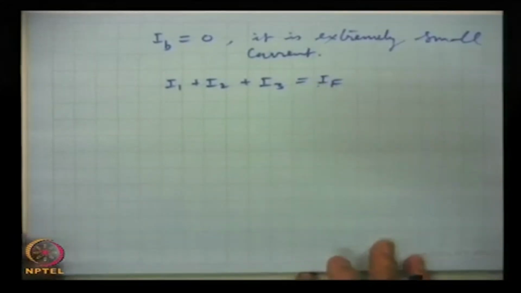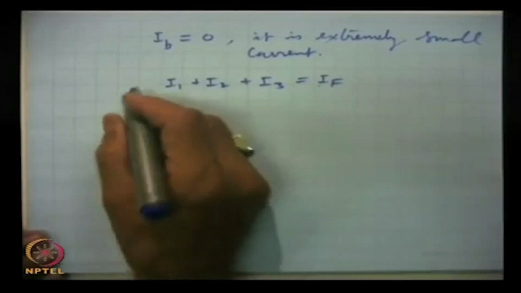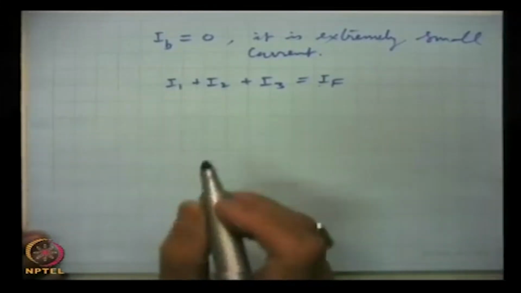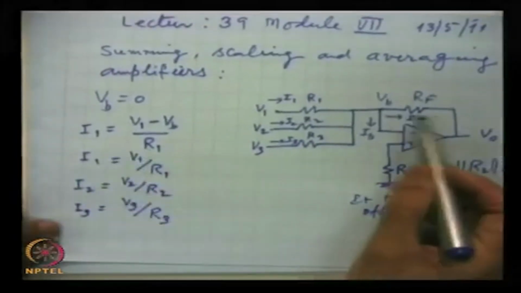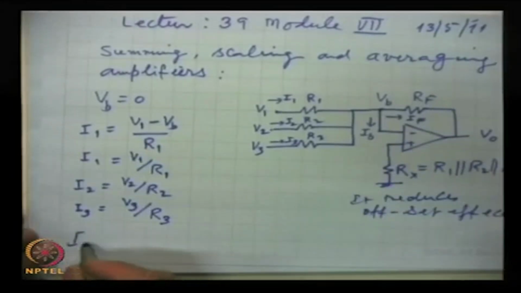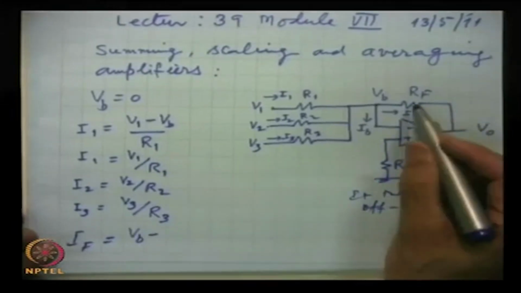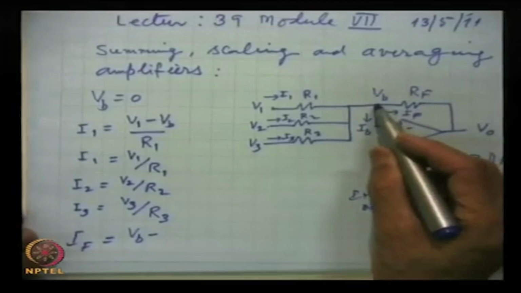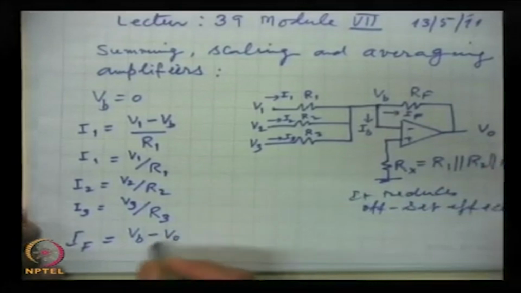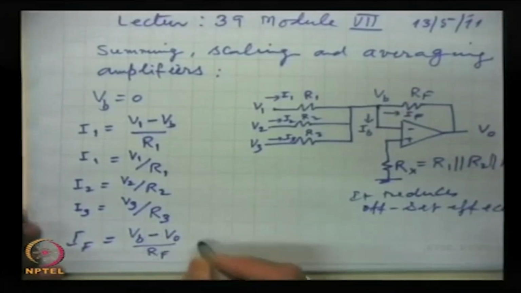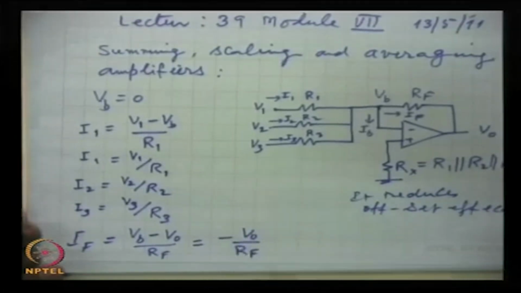And we can write for IF all the three currents we have written. These three currents we write. Now, what will be IF? IF is VB minus V0 by RF, this terminal being at potential VB, which is 0. So we write finally 0 minus V0 by RF, and this is equal to minus V0 by RF.